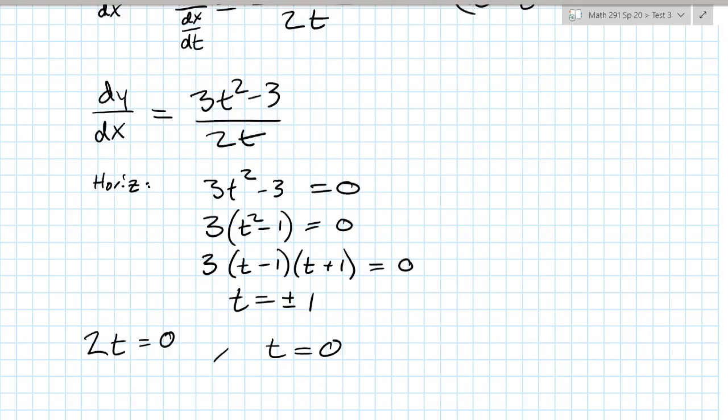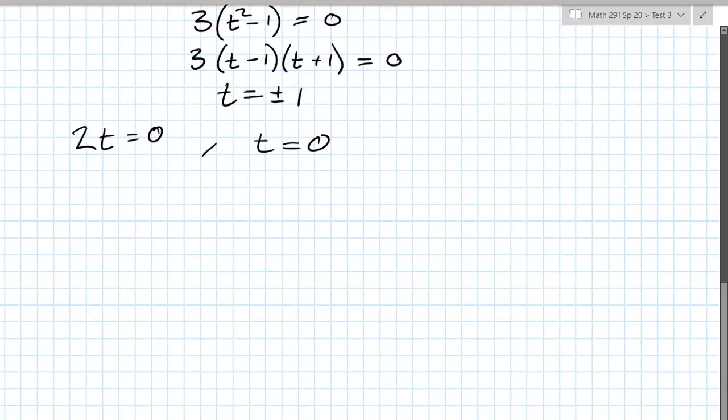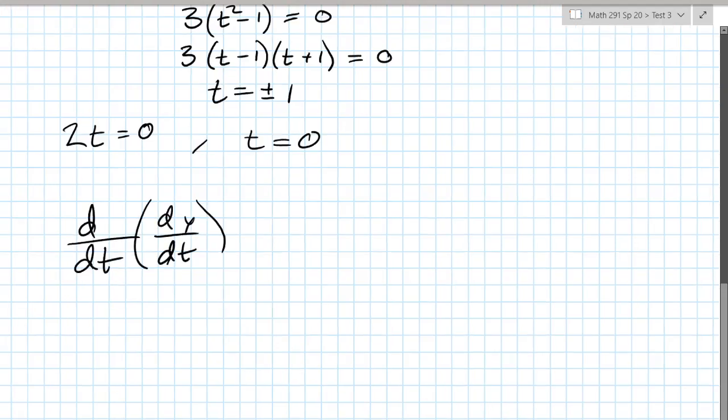Part C asks whether or not the curve is concave up or concave down. In order to determine that, we need the second derivative. So the second derivative is d/dt of dy/dx, divided by dx/dt.